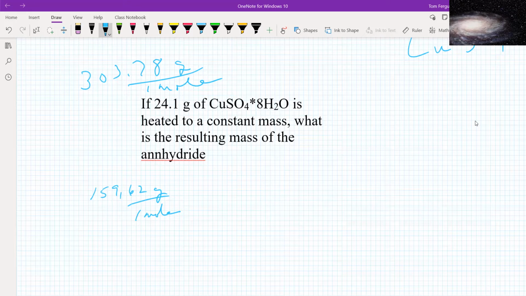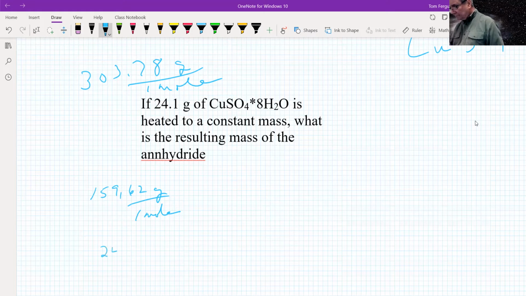So the 303 number, that's all of it together. The other number is the anhydrous one. What do you think? Are we starting with the 303 number or the 159 number? 303, because the 24 grams is of the hydrate.